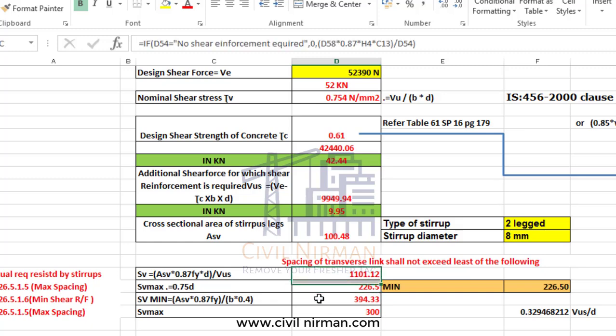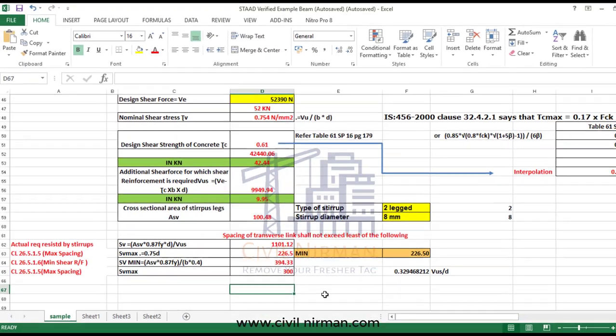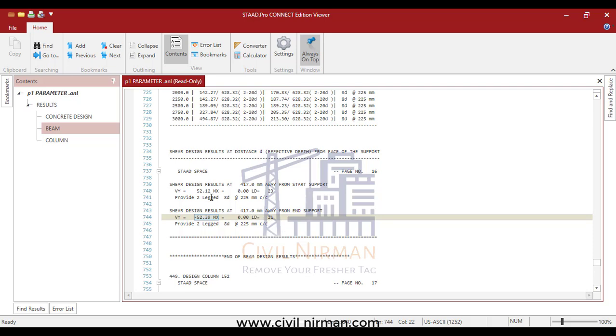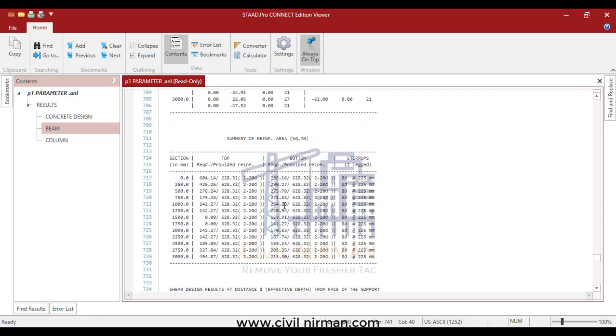So depending upon this, STAAD is giving you that particular spacing, provided 2-legged 8 dia at 225 mm center to center, right? So that's how STAAD designs the shear reinforcement as well.